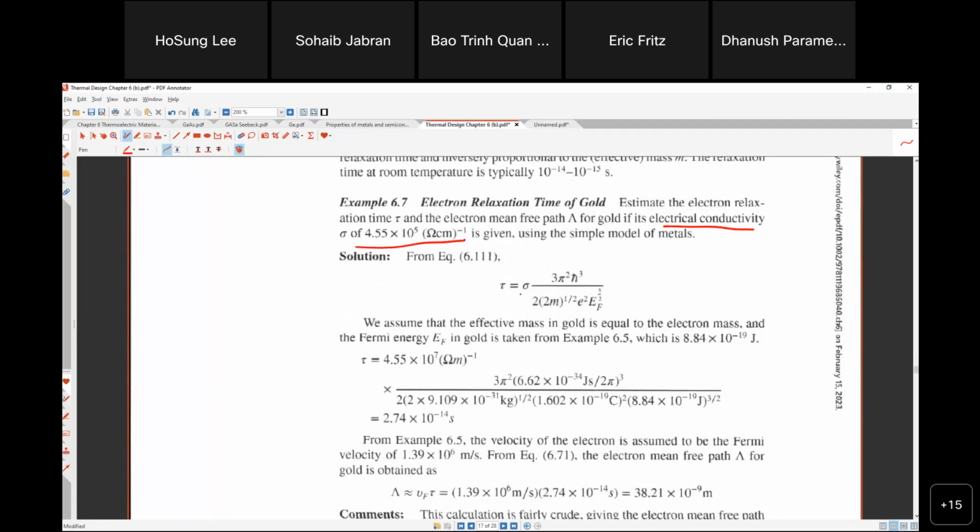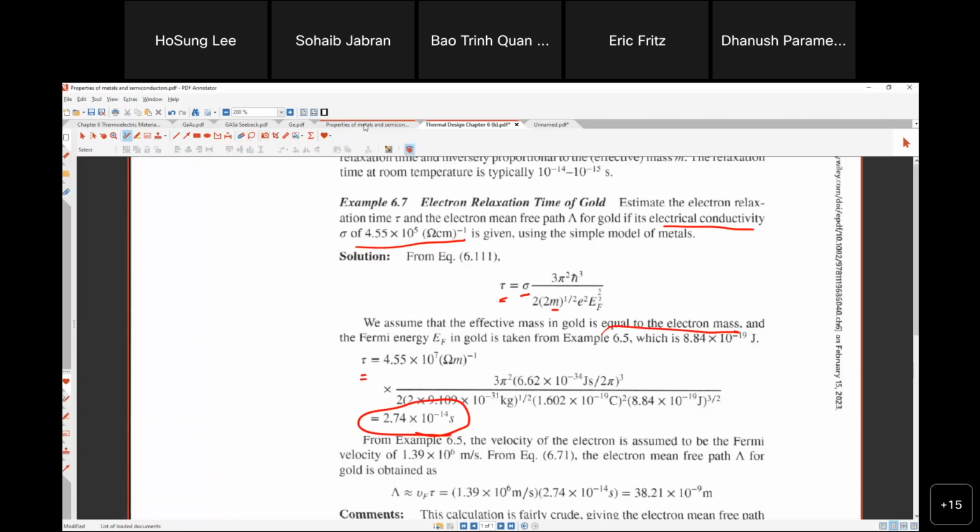Then we can compute the relaxation time, 10 to the minus 14 second. I think we assume the M is just the electron mass, assumed.